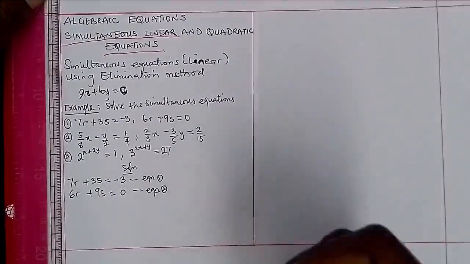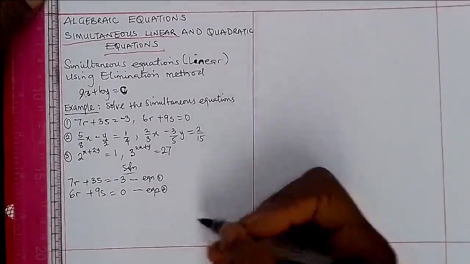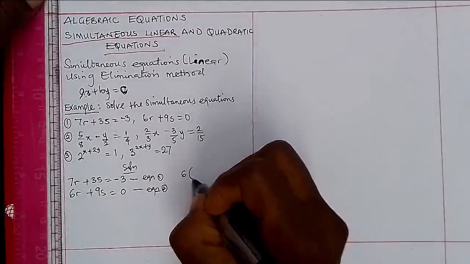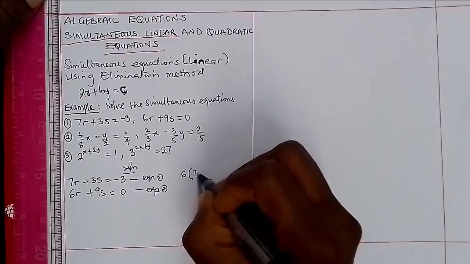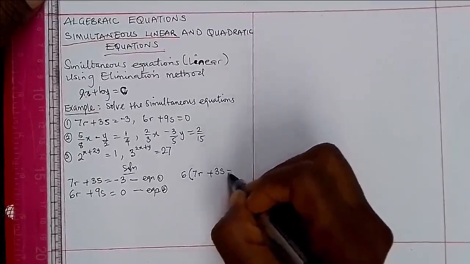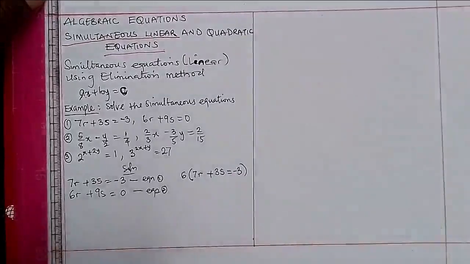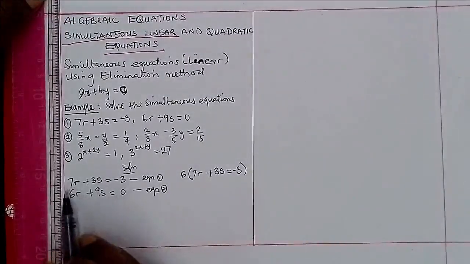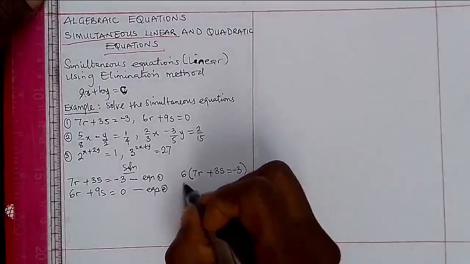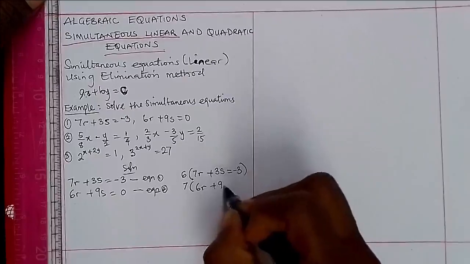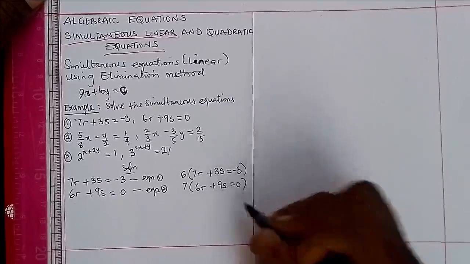The coefficient of r here is 6, so I'll use 6 to multiply everything in equation 1: 6 open bracket 7r plus 3s is equal to minus 3. Now in equation 2, I will use 7 to multiply everything: 7 open bracket 6r plus 9s is equal to 0.